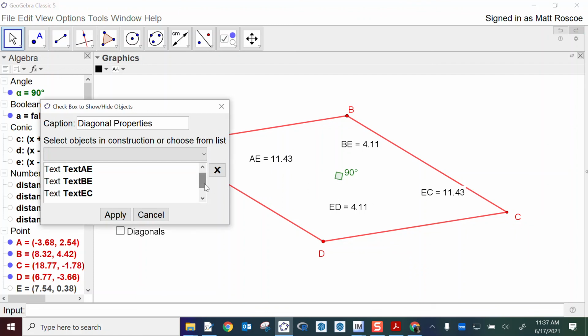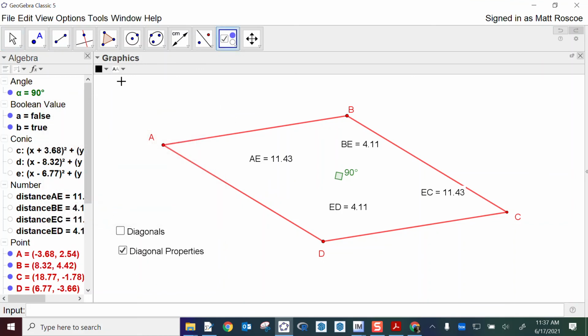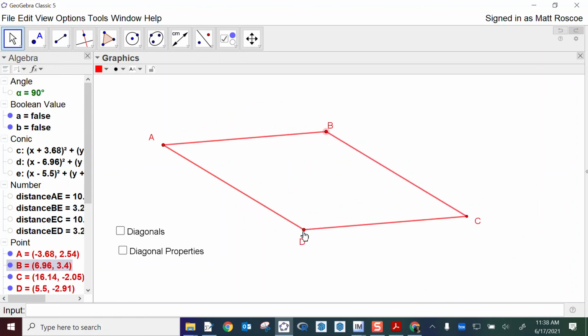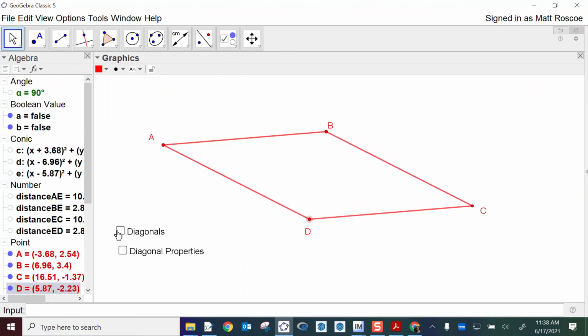I want to make sure I got the angle. Yep. I'll go ahead and hit apply, and let's see if it's working. Yeah, there it is. The diagonal properties are there. Here are the diagonals. So that means I could use this to teach or at least investigate the diagonals.